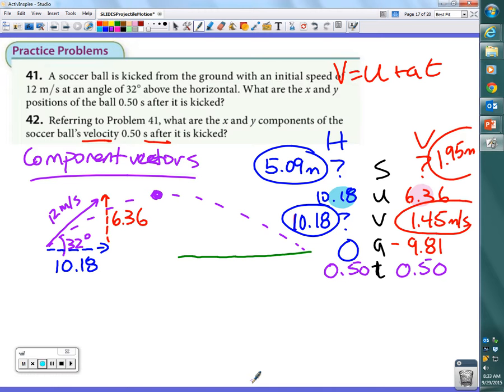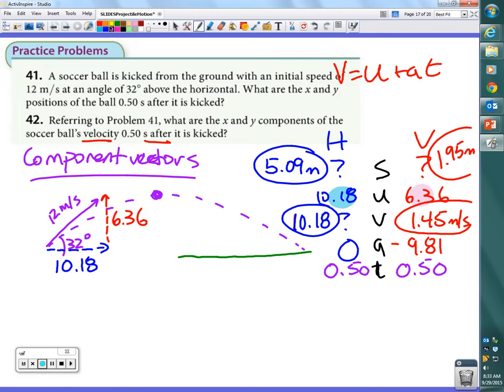But the way this question is asked is probably not how I would ask it to you on the test. I wouldn't say, what are the x and y components of the ball's velocity 0.5 seconds after it was kicked?